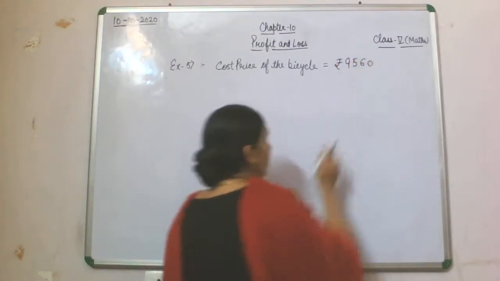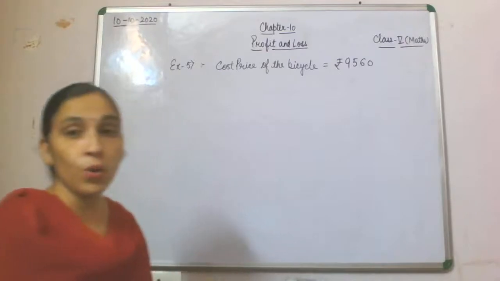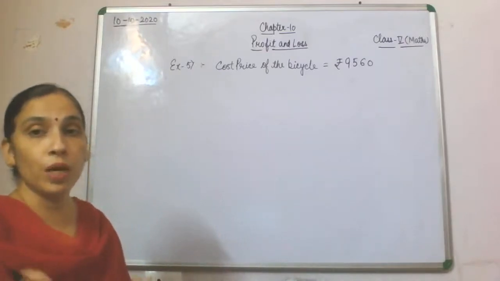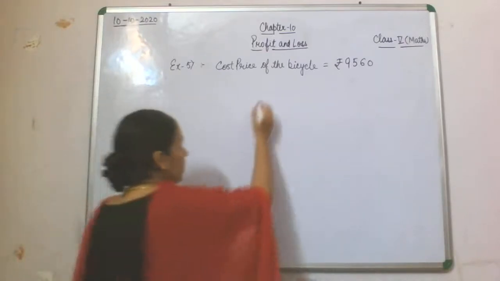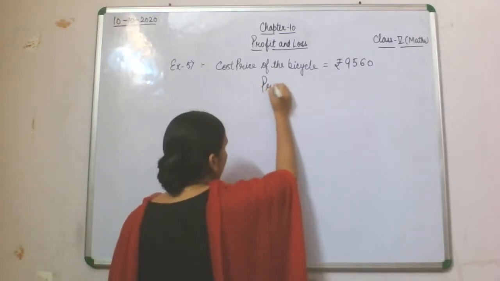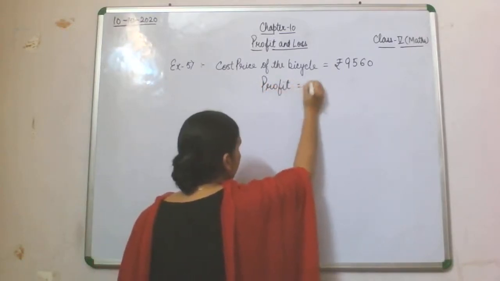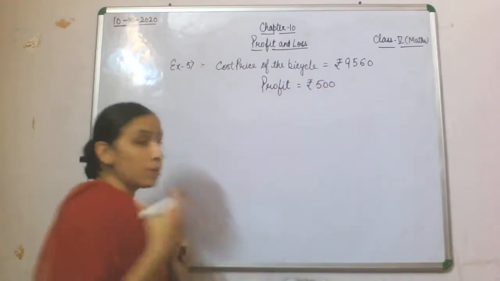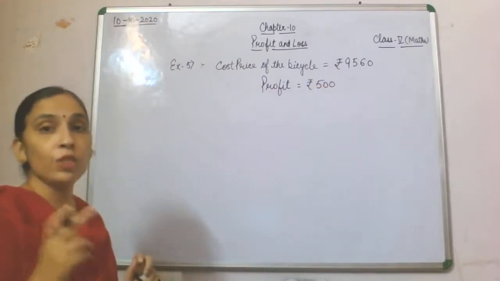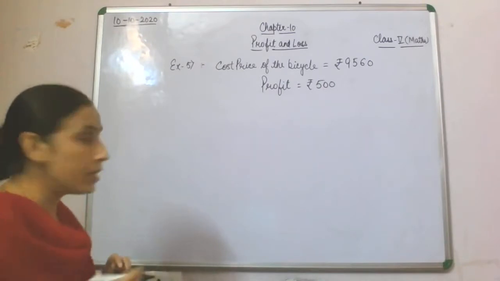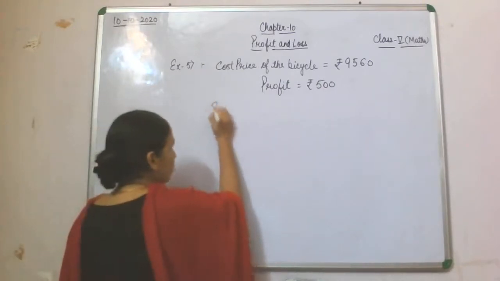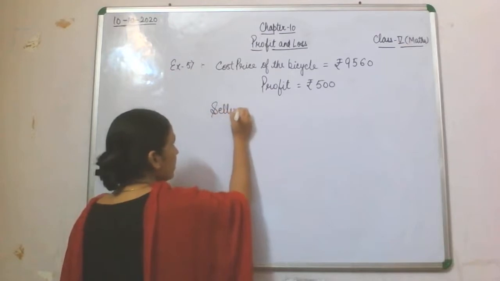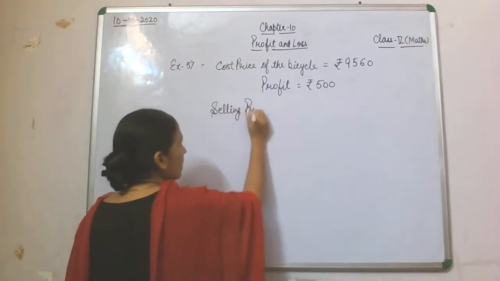Now if that person wants to earn a profit of rupees 500, at what price will that person sell that particular bicycle? So here we are supposed to find the selling price of that bicycle.